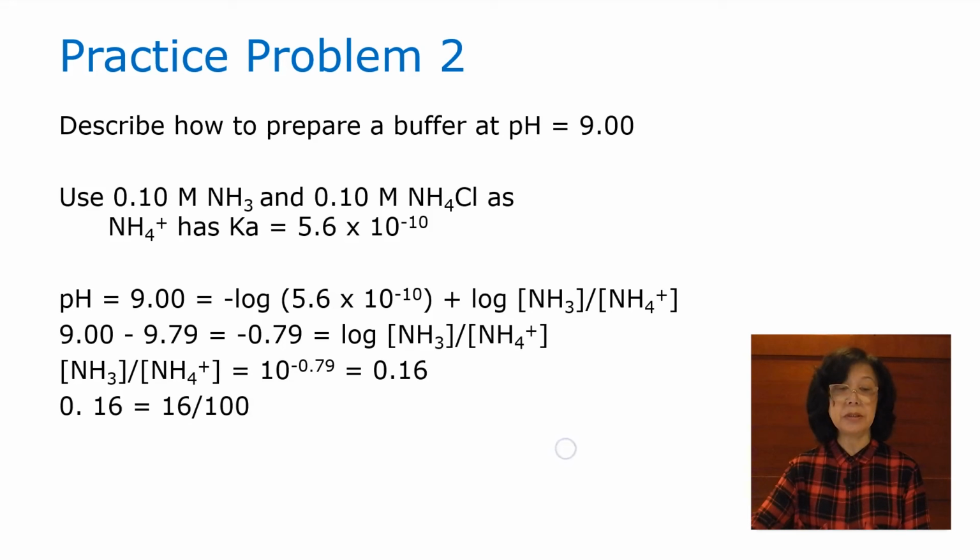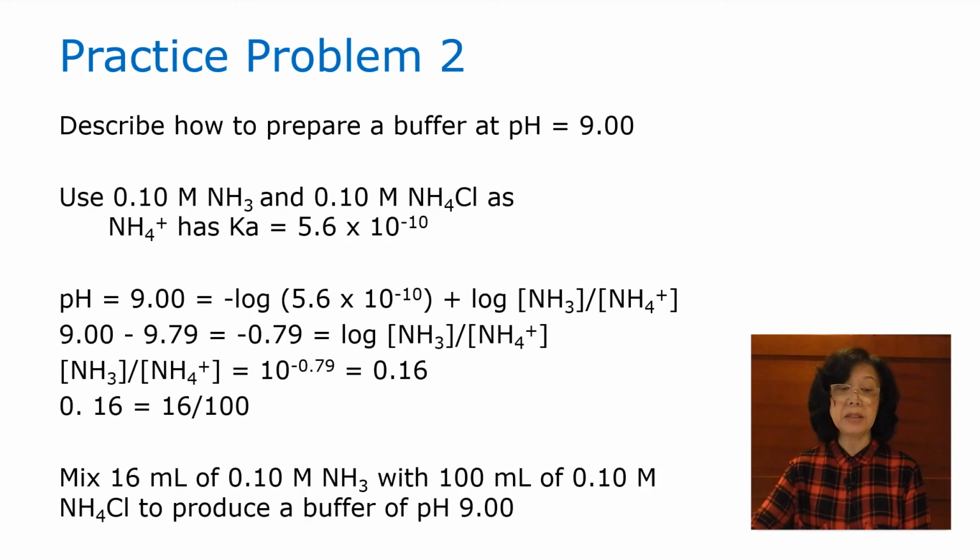Now that means I have 16 parts to 100 parts. That means I can mix 16 milliliters of the 0.1 molar ammonia solution to 100 milliliters of 0.1 molar ammonium chloride solution, and the resulting buffer has a pH of 9. So it's relatively easy to do so.